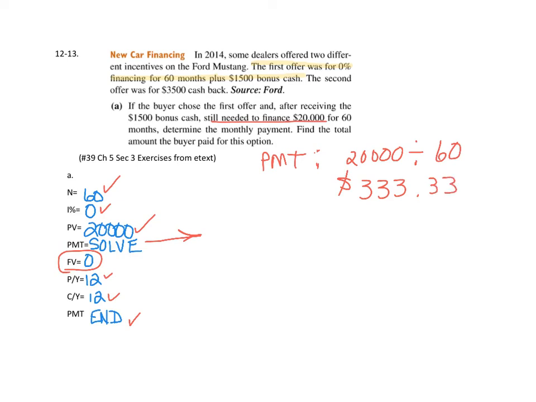But even if you don't think about it that way, you can still use your TVM solver the way that I set it up. 60 payments, 0% interest rate, $20,000 for your present value. Solve for your payment amount with PY and CY both being 12. And that is exactly what you get.